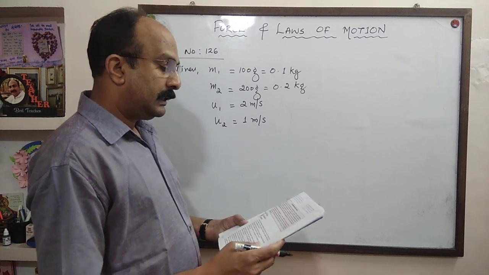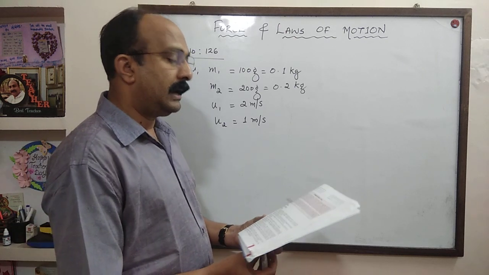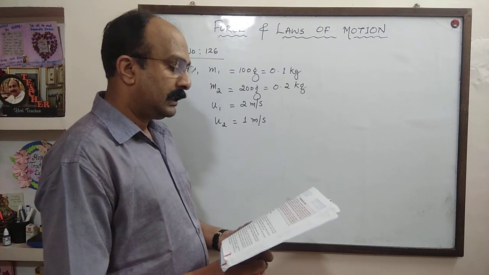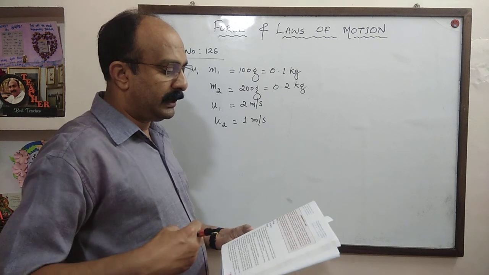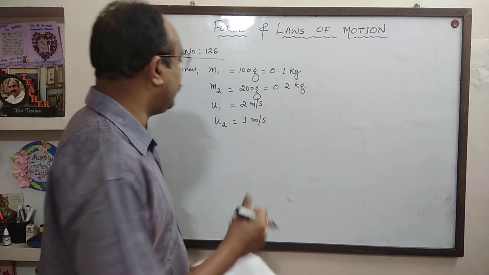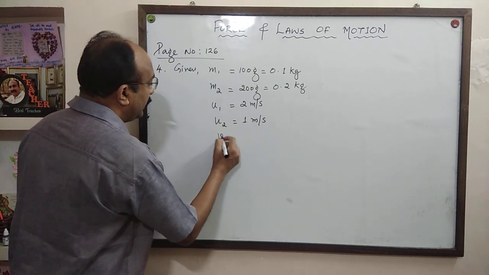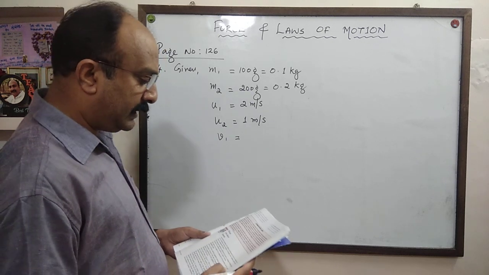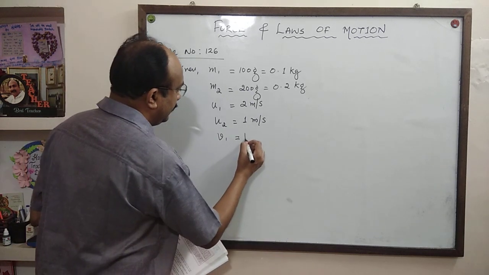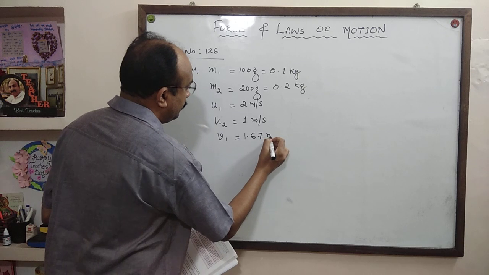respectively. They collide, and after the collision, the first object moves at a velocity of 1.67 meter per second. So what is that? V1. Final velocity of the first body V1 is 1.67 meter per second.